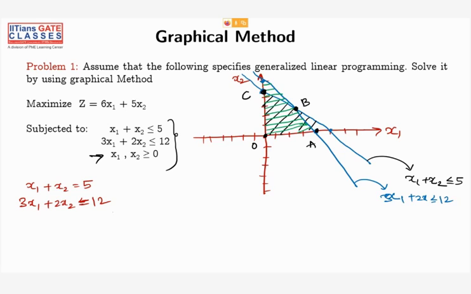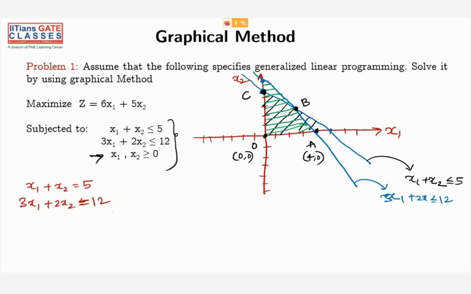You take any value within the boundaries, inside the boundary or on the boundary, and it will satisfy these constraints. Now, O is 0, 0. A is 4, 0.